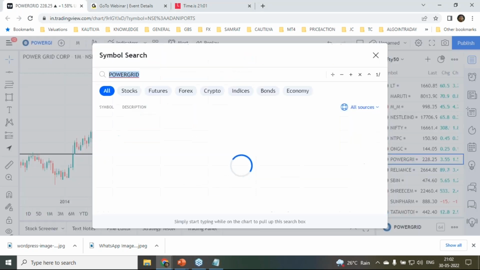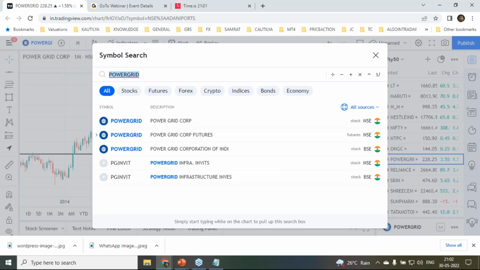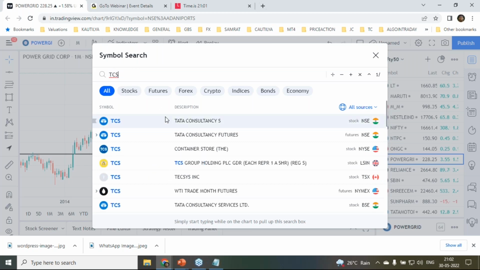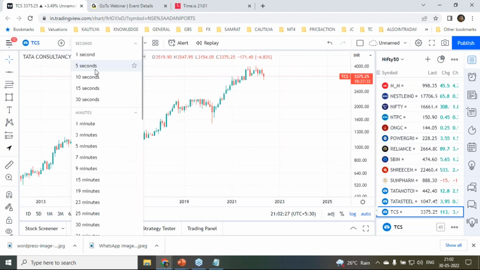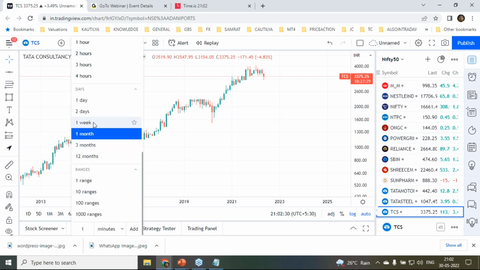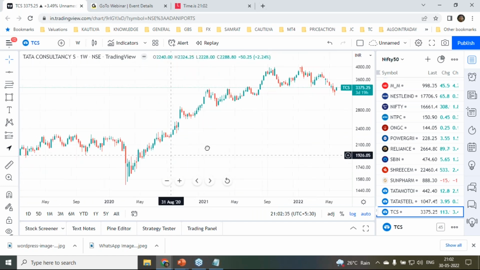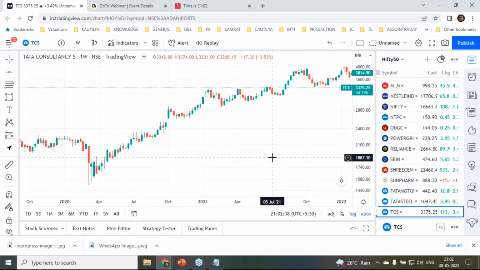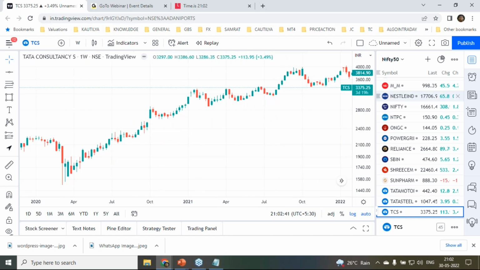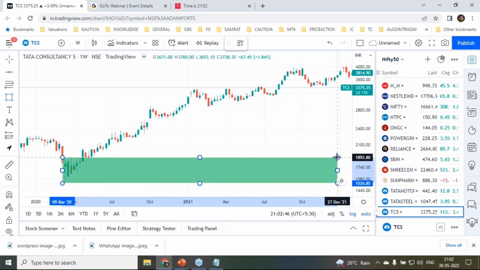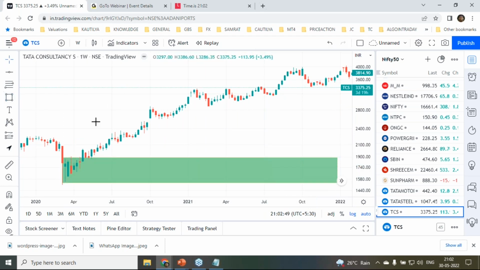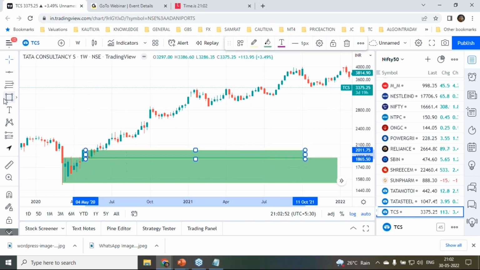The next one, somebody said TCS. I think TCS weekly chart. See this guy. Wow. Start from here. Base. Base.